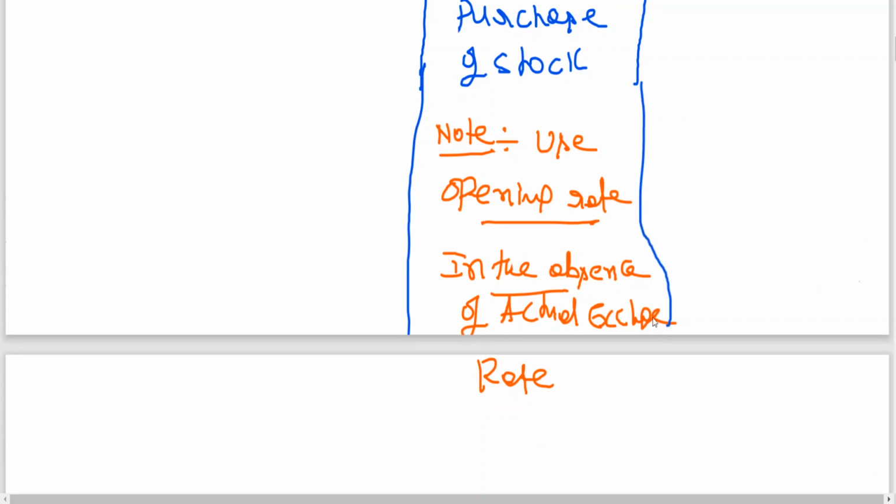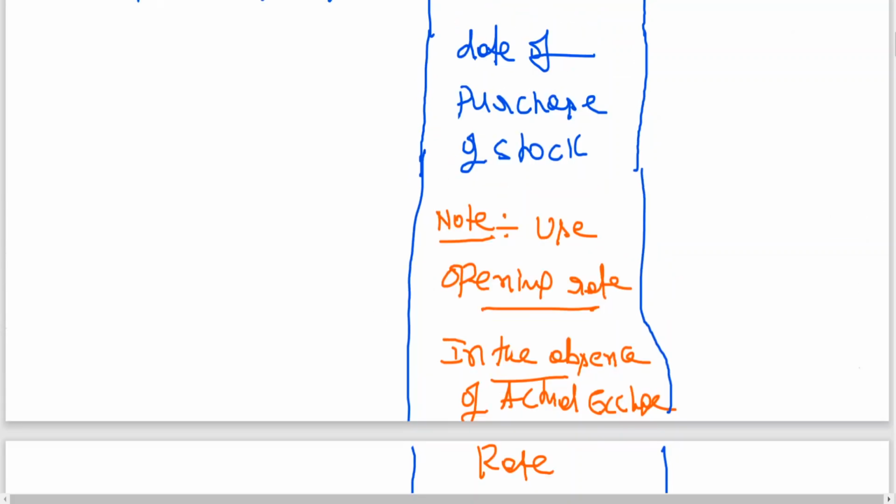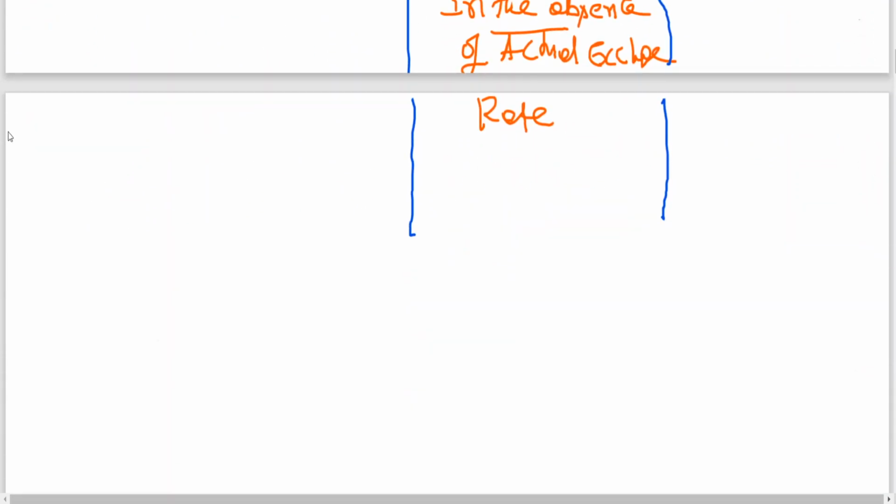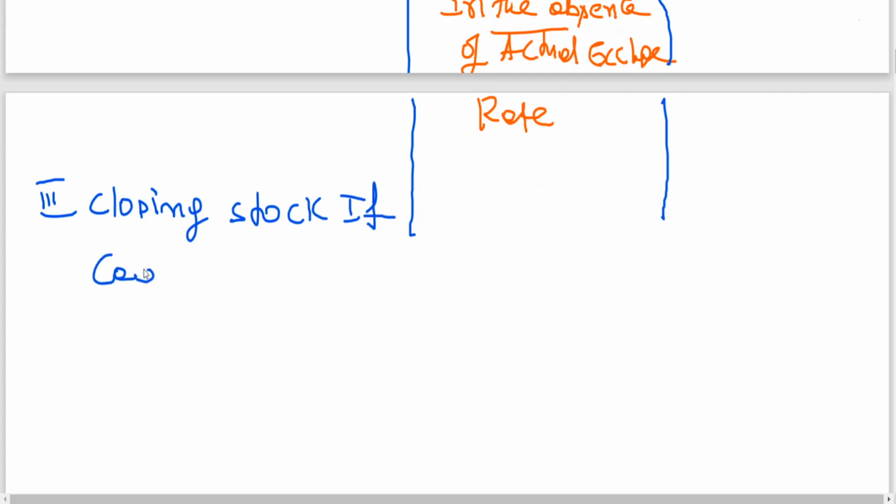Okay. The next one, now third item. Closing stock if carried at historical cost. I think you can guess.